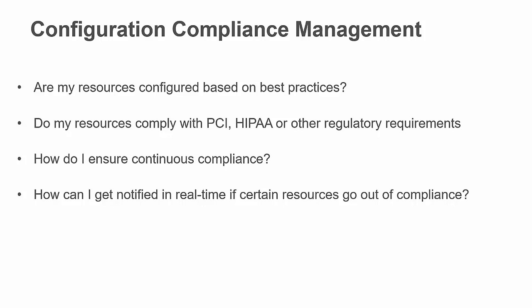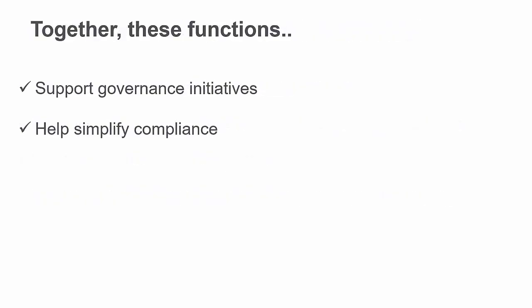A configuration compliance management system for the cloud allows you to define these policies for your resources and alerts you in real time if any resource violates those policies. So together, these two functions support governance initiatives and help simplify compliance by providing you accurate information to assist with decision making.